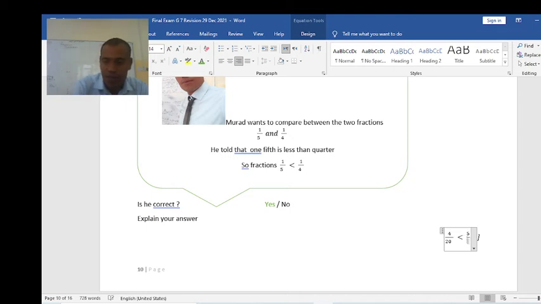Clear? So already 4, the numerator value, is less than 5 of the second fraction. And 5 over 20 is equal to 1/4, and 4/20 is equal to 1/5.